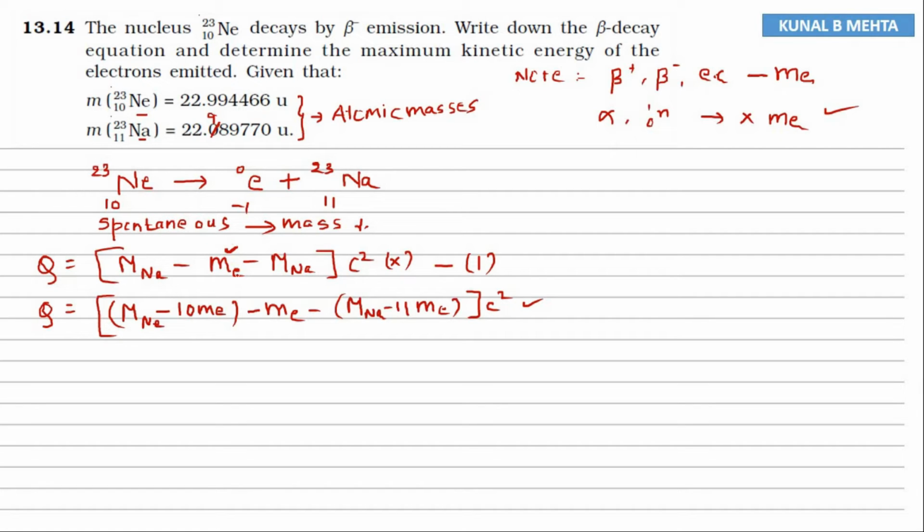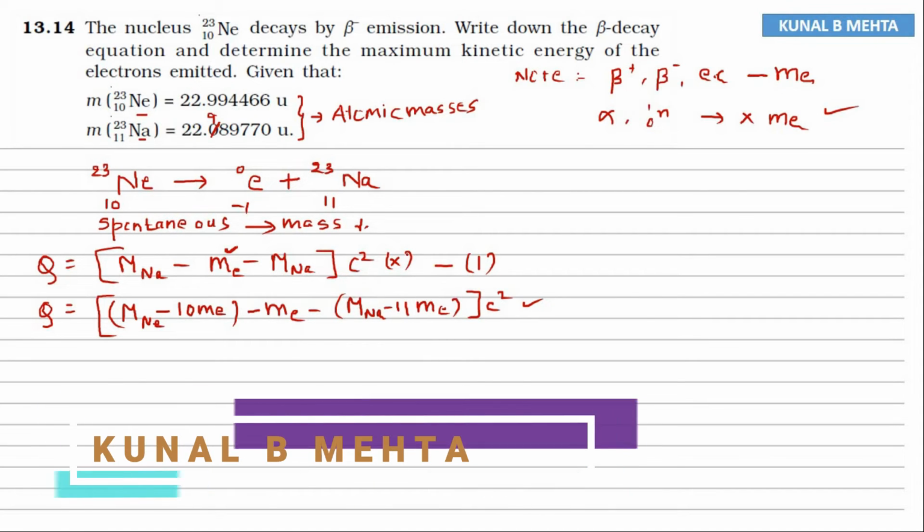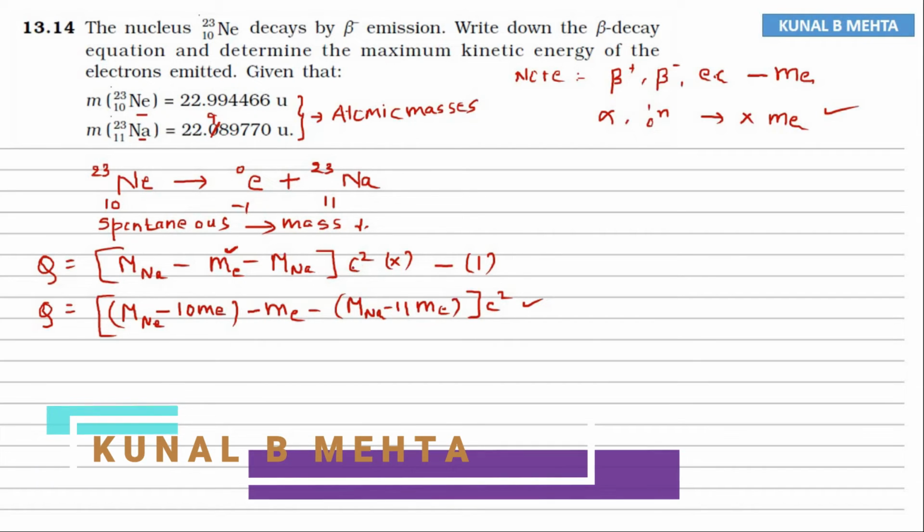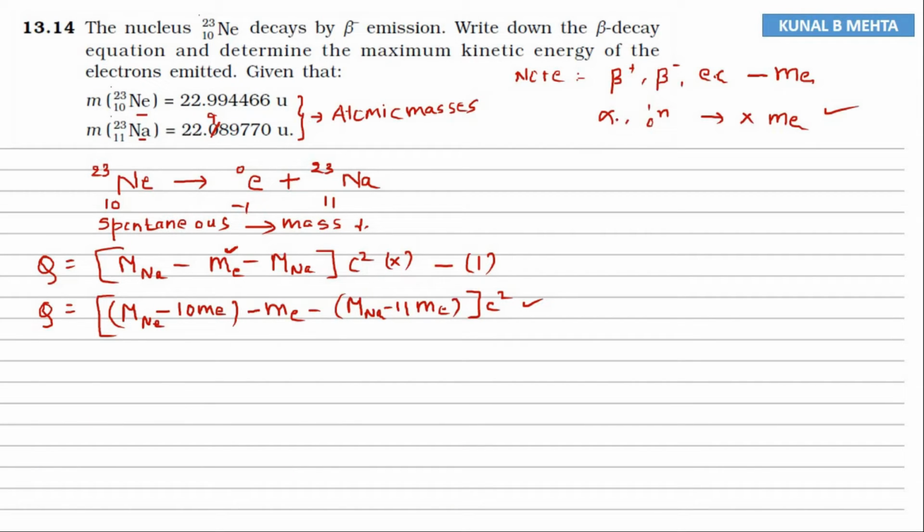So this problem will not be justified. If you are dealing with heavy nuclei like alpha decay, these are all massive particles, and if you neglect the masses of electrons you will still get the correct answer. That is why in CBSE textbooks, in these three processes we remove the masses of electrons, and in the rest of the other processes we do not remove the mass of electron.